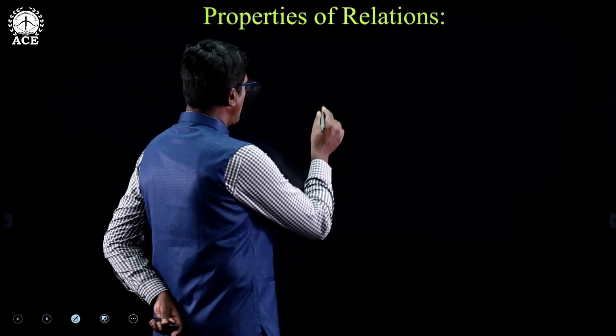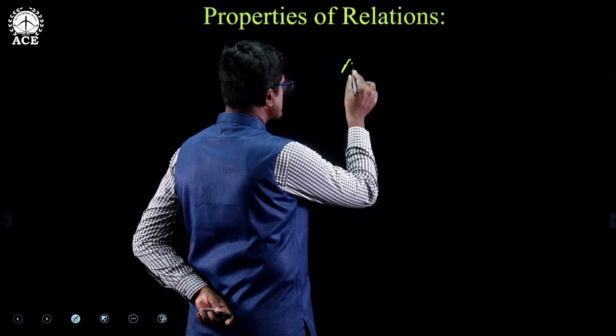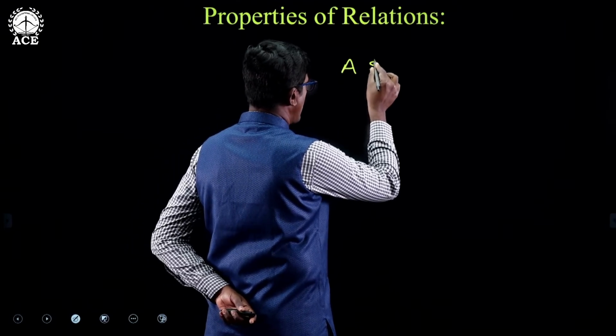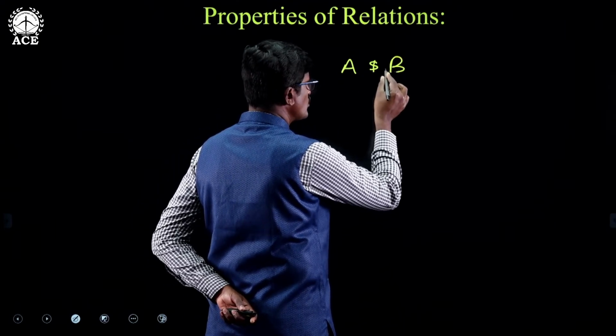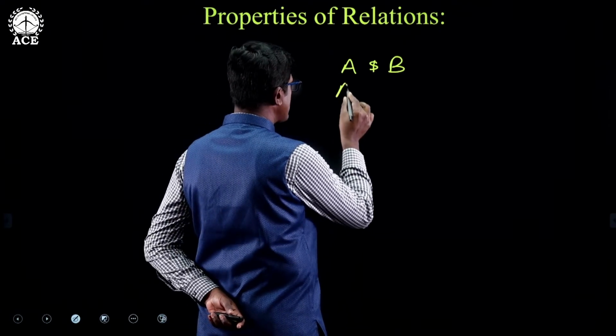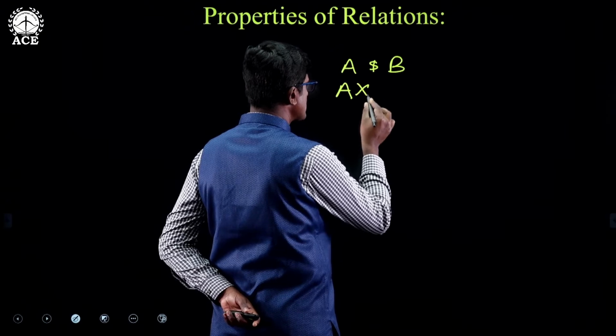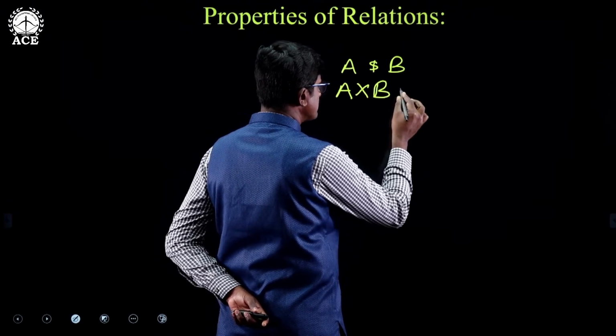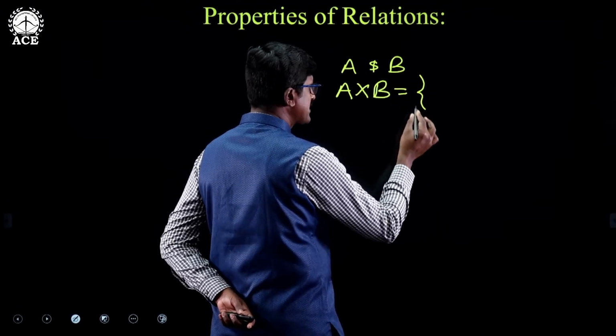I am taking two non-empty sets, A and B. The Cartesian product of A and B is denoted as A cross B. So what is A cross B?